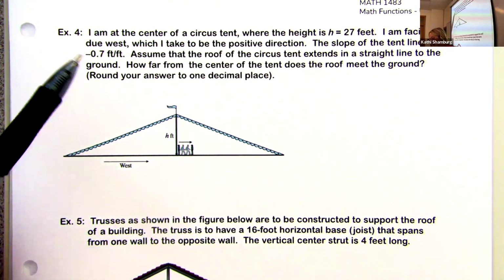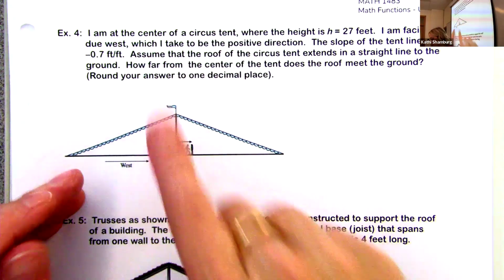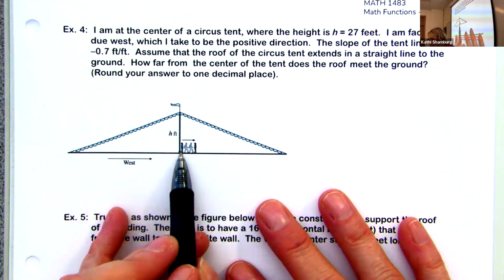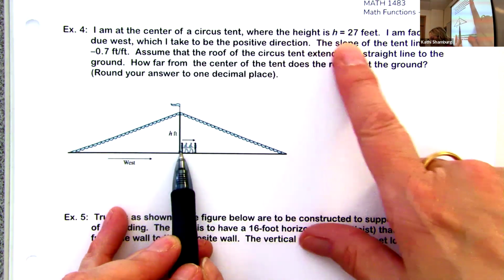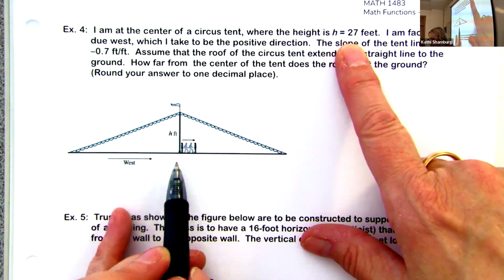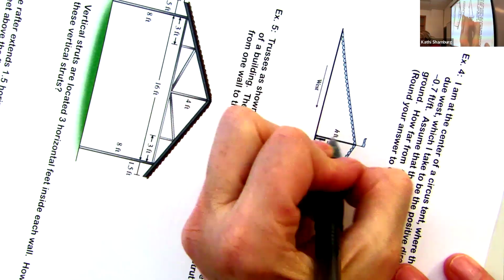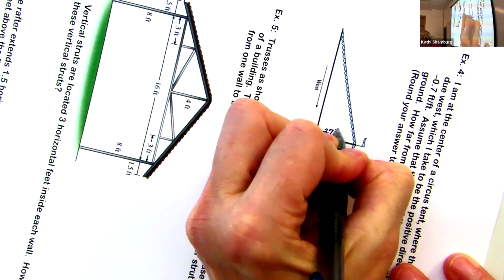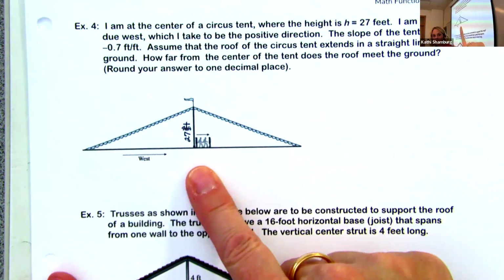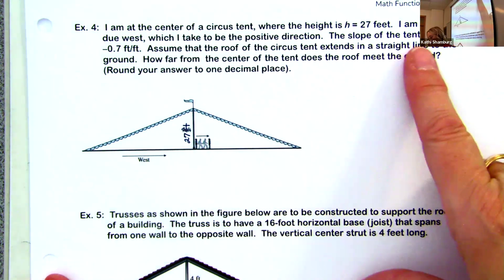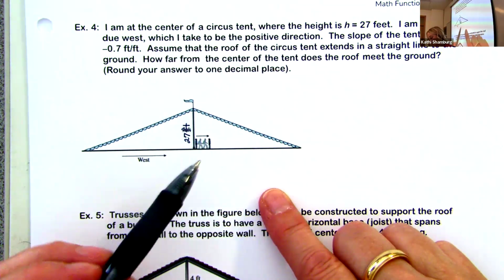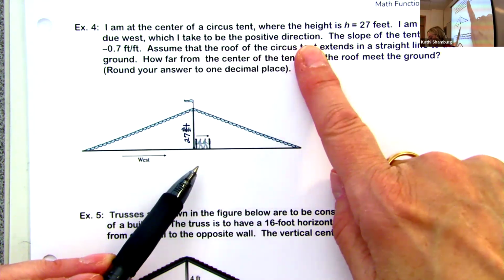Okay, so I am at the center of a circus tent. So here I am, where the height H, here's H, so from here to here is 27 feet. So they're telling me this is 27 feet. I am facing due west, which I take to be in the positive direction.